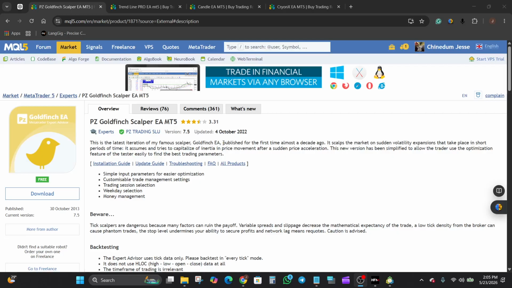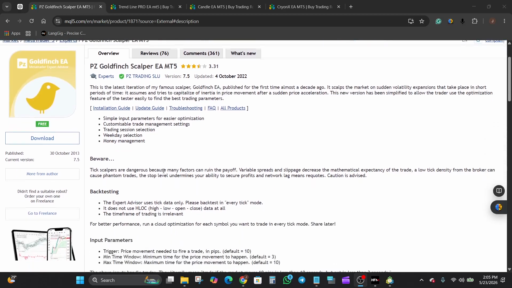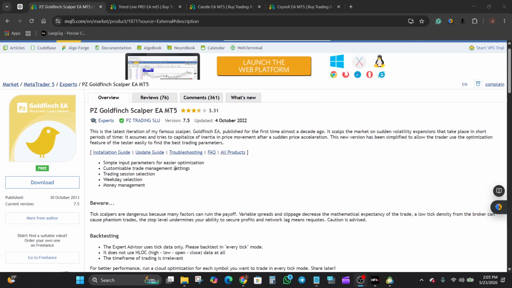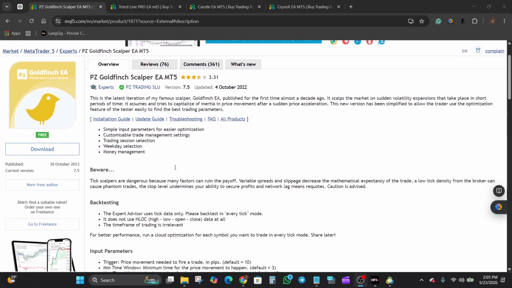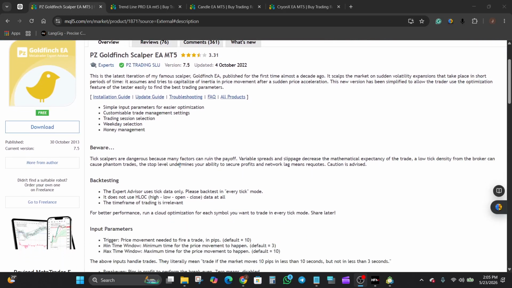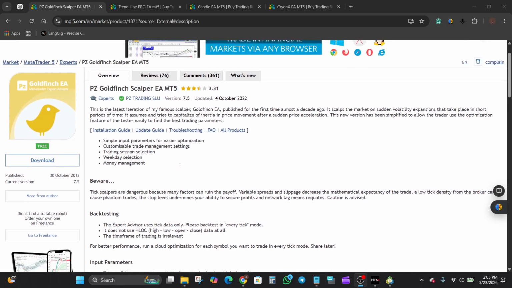From what I can see here, this EA seems to be specifically built for MT5. So, it seems like it doesn't have an MT4 version. That's important to keep in mind as we go through the rest of the review.